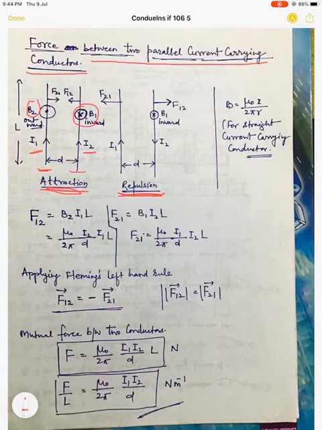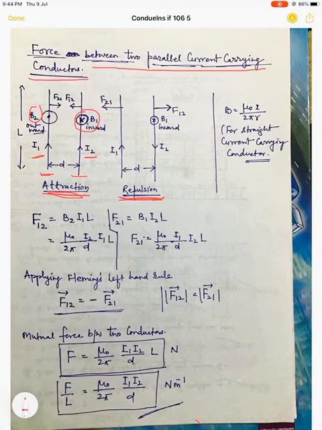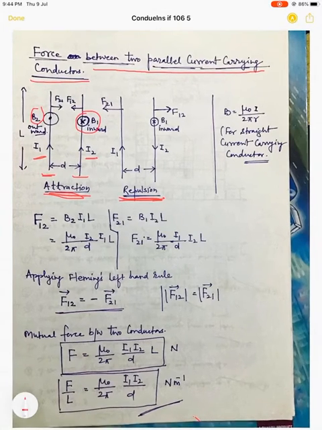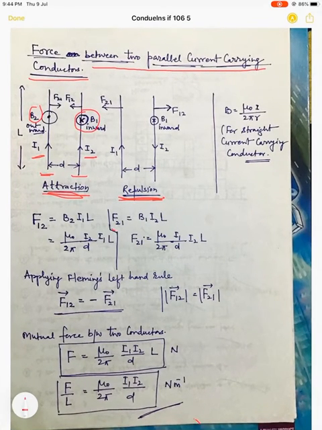So here it is inward and perpendicular to the length of this conductor. So the magnetic field B1 is applying a force on this conductor with current I2, and the expression can be written as force on 2 because of 1. Force on 2 because of 1 is B1 I2 L.